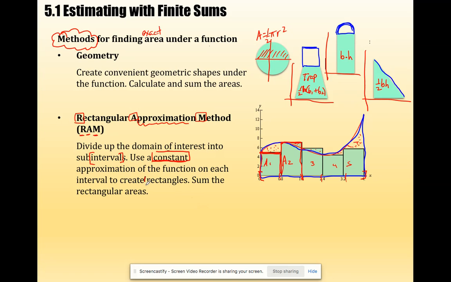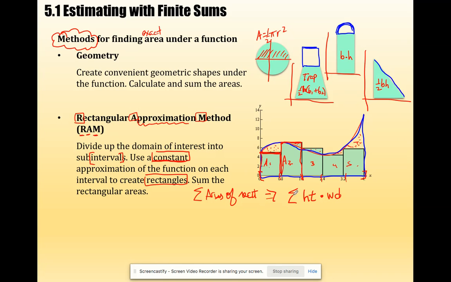I created rectangles, and I'm just going to add them. In my case, I have 1, 2, 3, 4, 5 rectangles. Sum the areas of the rectangles, which means sum a bunch of heights times widths.